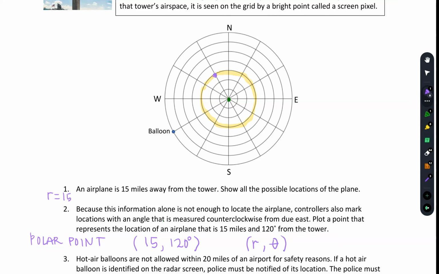Okay, you could also have the negative direction, the negative angle here. So other ways, alternative names, and this is kind of important with polar points. So you could have 15, and then if it's negative, it'll be what, negative 180, negative 240.